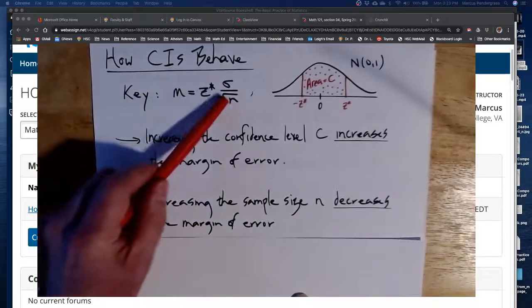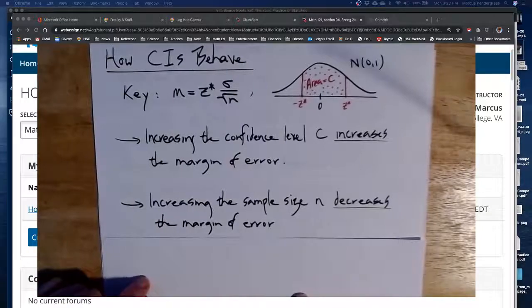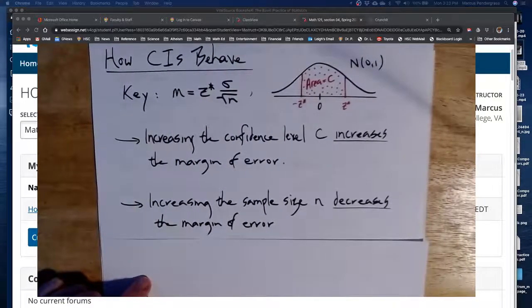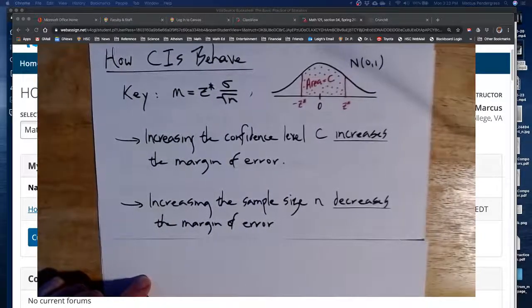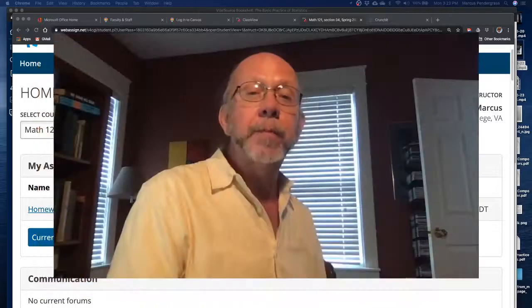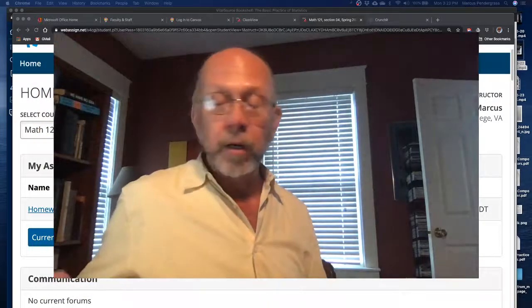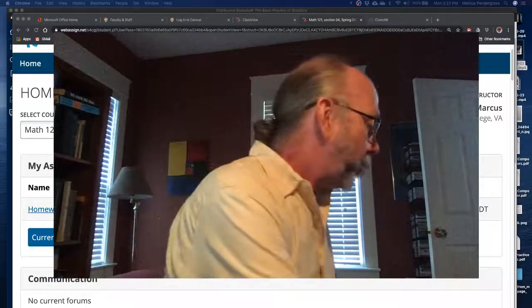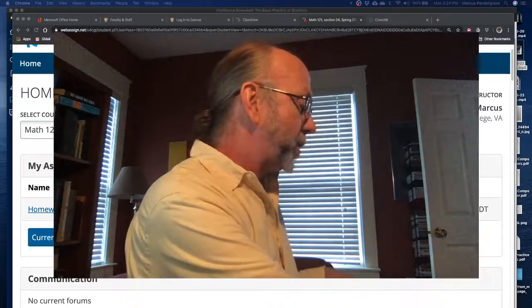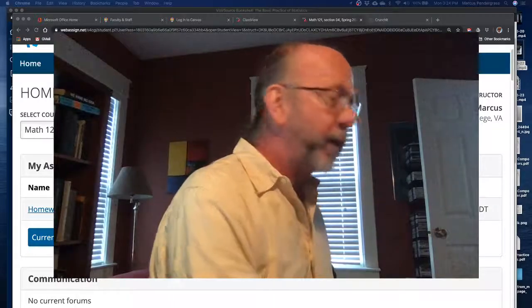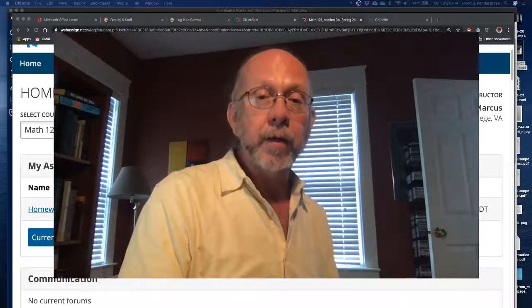Actually, because of the square root, if you want to halve the margin of error, you have to actually quadruple the sample size. So those are some important facts to keep in mind about the way confidence intervals behave as you change the sample size and the confidence level.